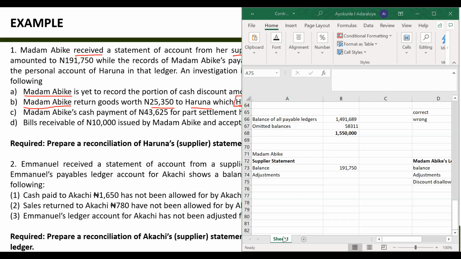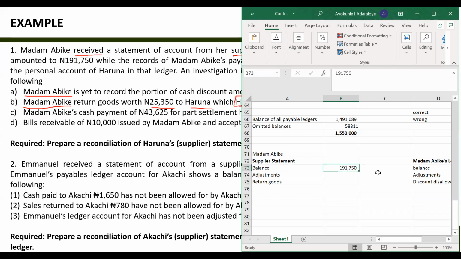Motunai, I can't hear you again now. What's going on? Yeah, we are going to add it. So we will write returned goods. How much is it? No, we are not adding it now.